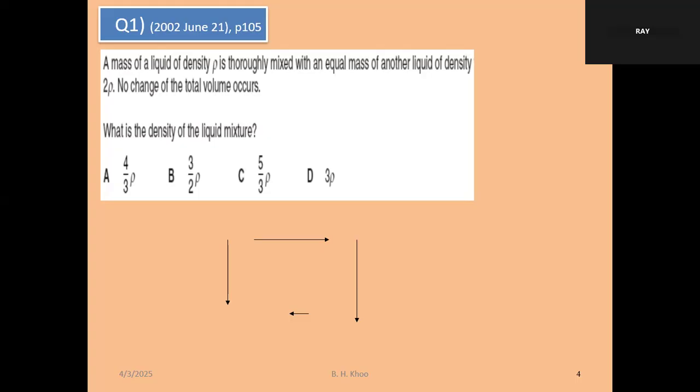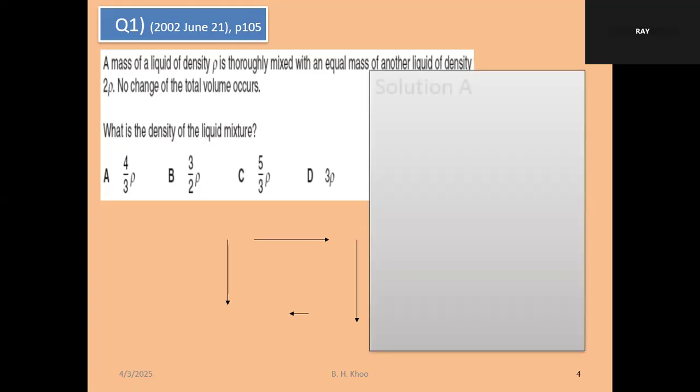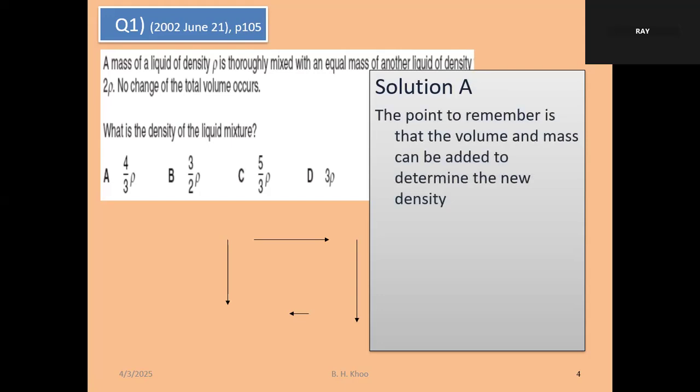Yeah, find the total mass, find the total volume, and then total mass divided by total volume is the new density. Right? Because they don't interact chemically, they just stay as separate liquids.